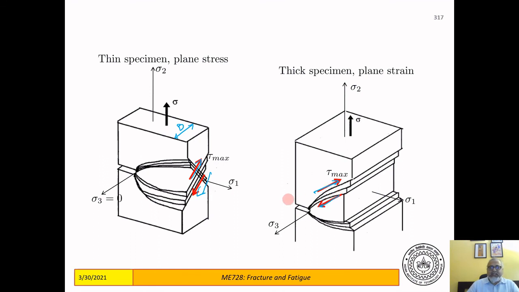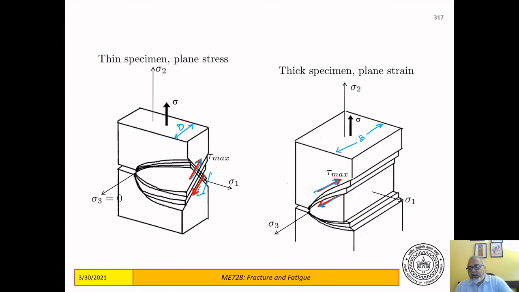So the yielded regions are likely to look like what I have drawn here, depending on whether this B is large or small. When B is large, you have a plane strain kind of situation, so yielding will happen in the manner shown on the right, whereas in plane stress, it is more likely to occur in the manner shown on the left.